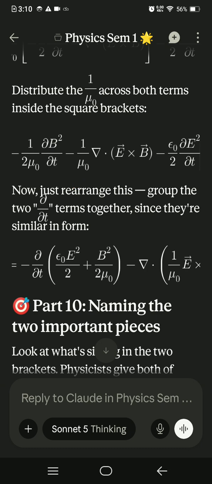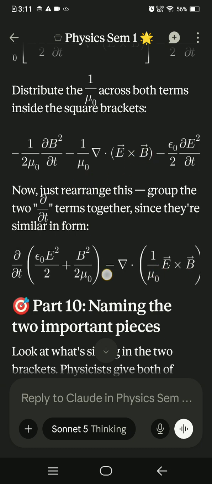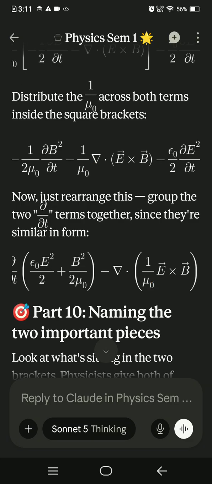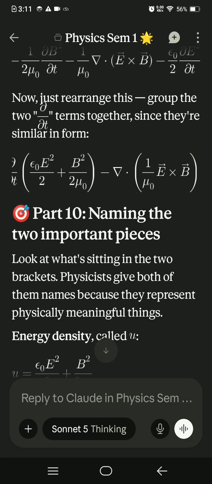And this part is untouched: negative of the divergence of 1 upon mu naught times E cross B.